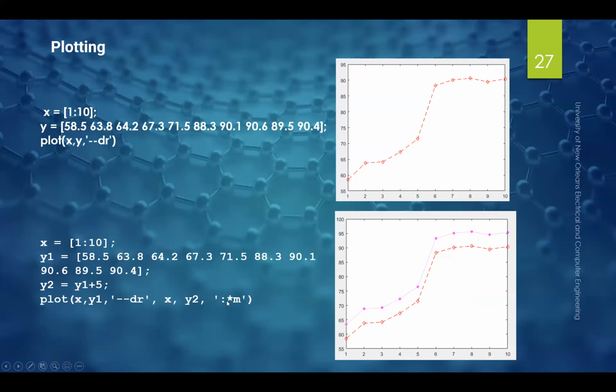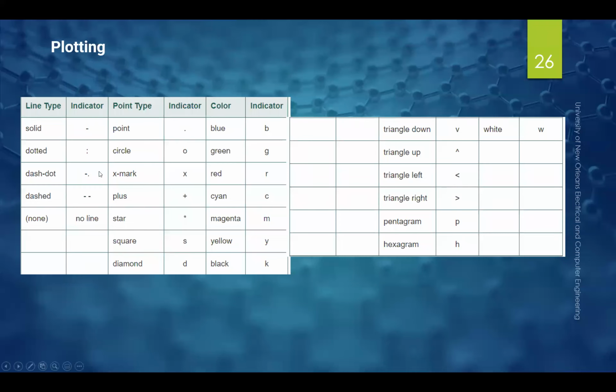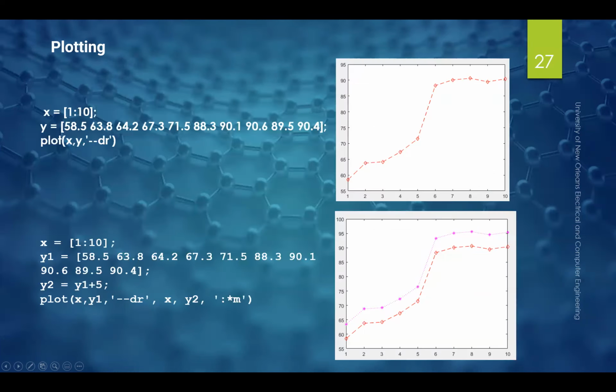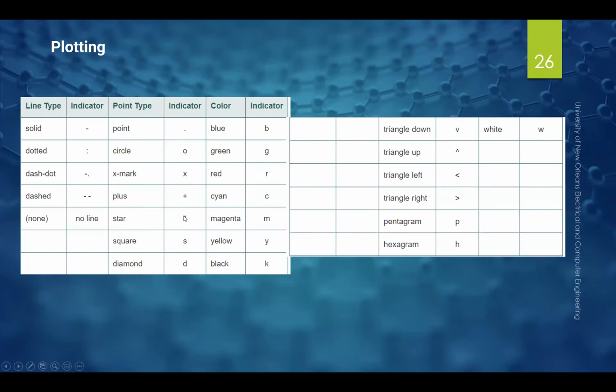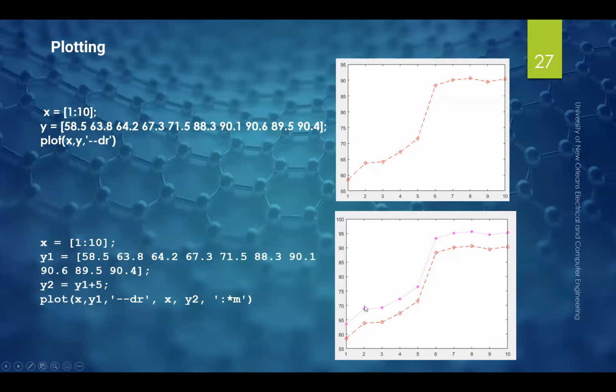And then I'm going to use colon star M. And again, if you go back to that table, this will indicate a dotted line. And I have M, which is magenta. And the star will put a star on each of the points that are being plotted. So I have star, magenta, and dotted line.